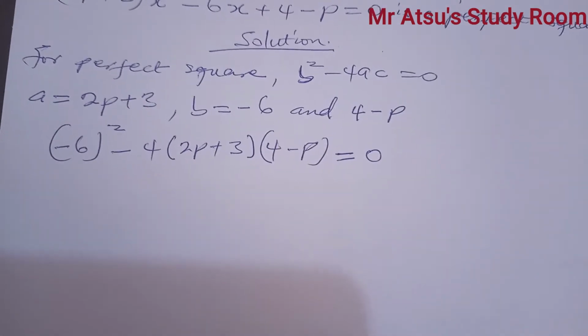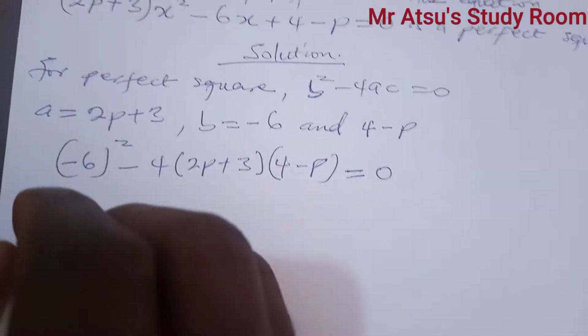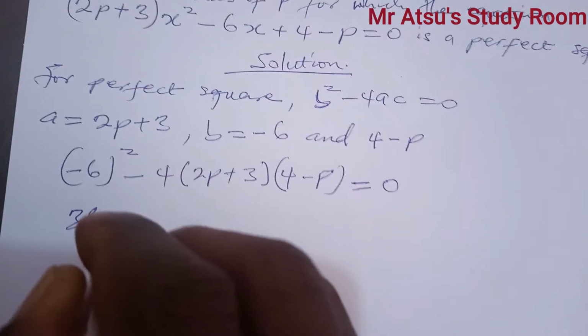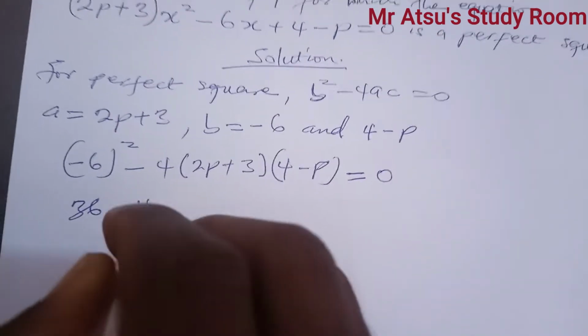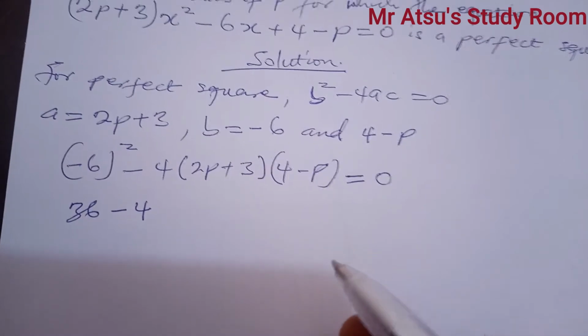Let's now expand and move together. Negative 6 squared is 36 minus 4.